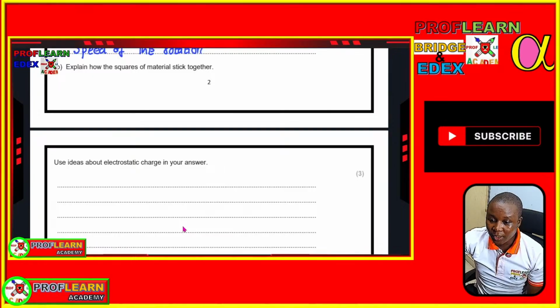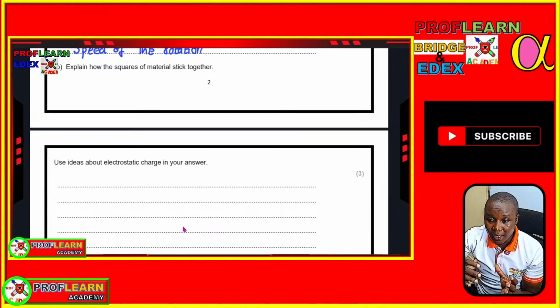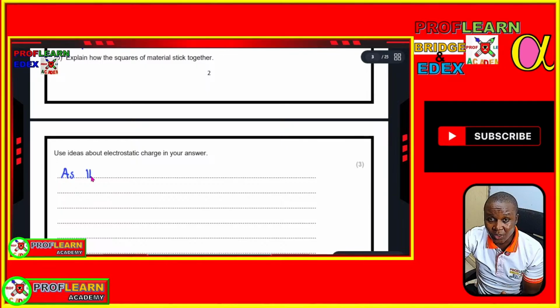Use the idea about electrostatics to explain why the squares stick together after a rotation. Remember, we can charge materials by friction. When it rotates, there is frictional force. The squares rub against each other, and in that case, charge is transferred.